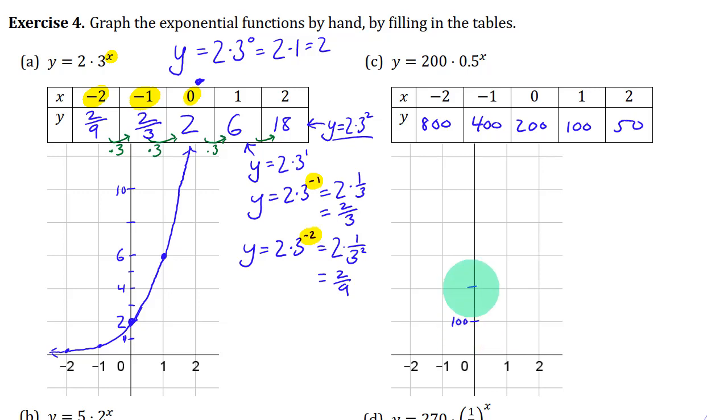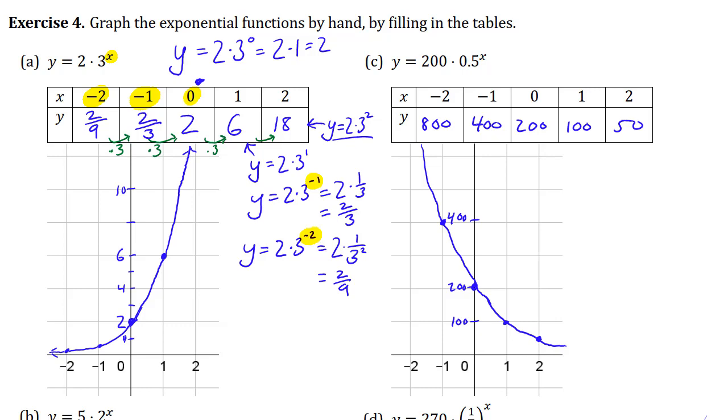And again, if you labeled your y-axis differently, that's fine, as long as it's evenly spaced here. 0, 200, 1, 100, and 2, 50. -2, 800 is somewhere up here. So it should look something like that.